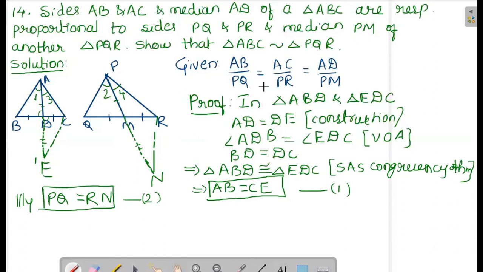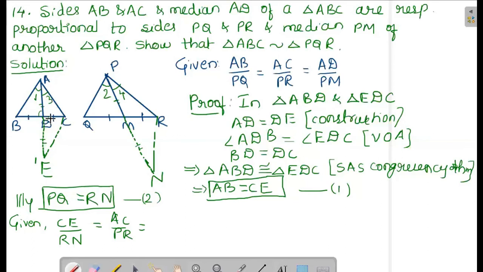Next, given is AB by PQ is equal to AC by PR is equal to AD by PM. So given, write this AB by PQ. So this implies AB is equal to CE, I'll write CE by PQ is equal to RN, CE by RN is equal to AC by PR is equal to AD.